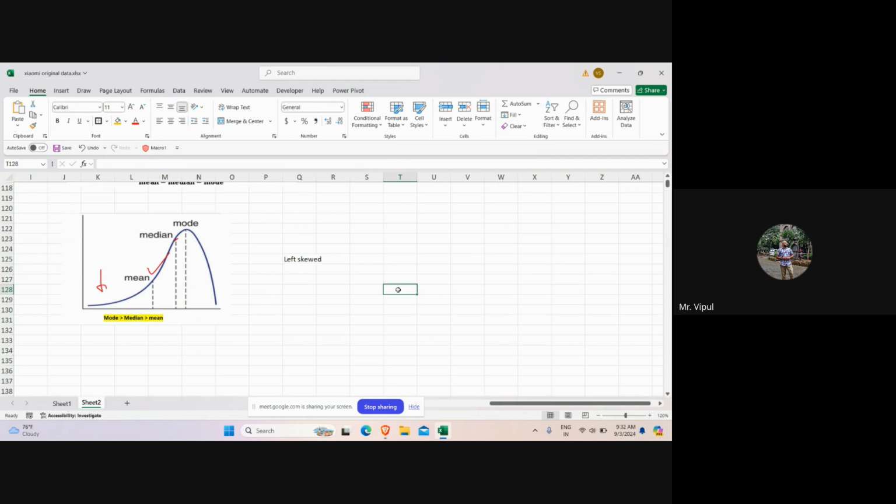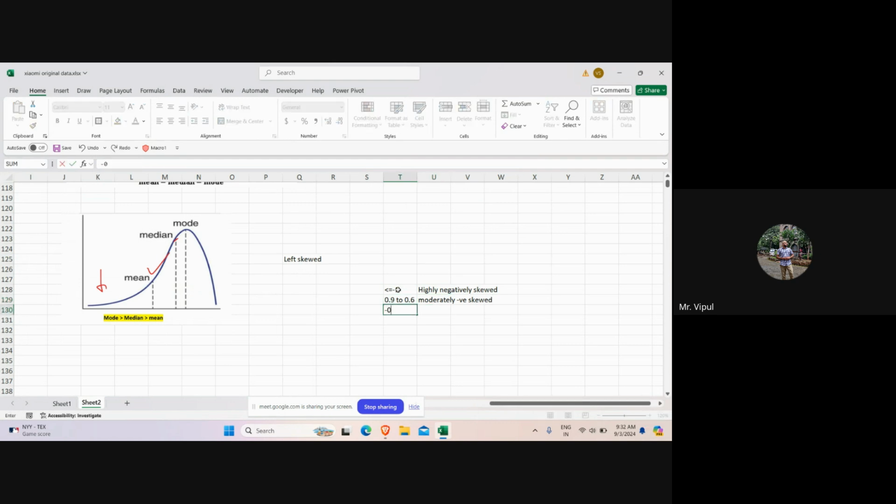And for skewness also, if it is less than or equal to -1, it is highly negatively skewed, right? If it is -0.9 to -0.6, then it is moderately negatively skewed.